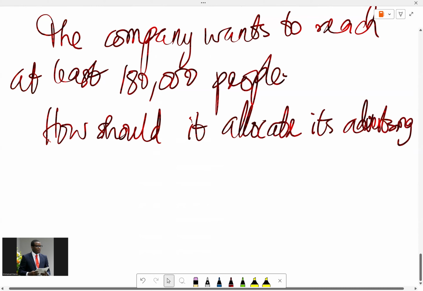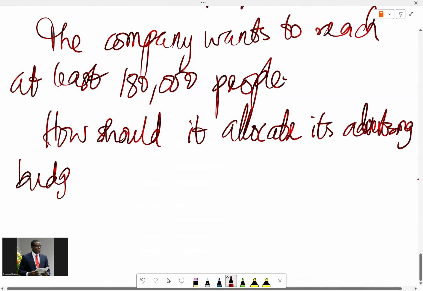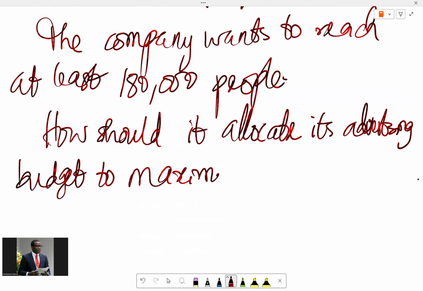How should it allocate its advertising budget to maximize exposure? So that's the question to deal with.